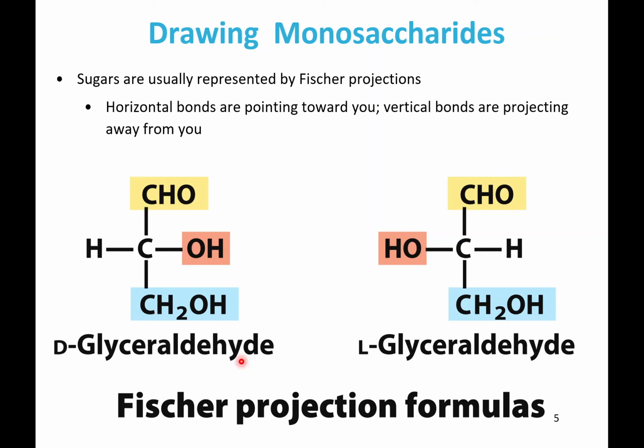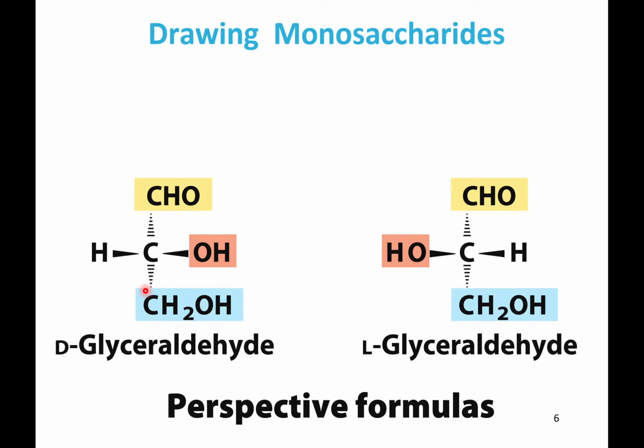So in this class, the R and S designations we won't use. We're going to be using the D and the L. It's a little bit different because the D and the L are all going to be based on the direction in the Fischer projection of the OH group in glyceraldehyde. And I'll explain a little bit more about that.